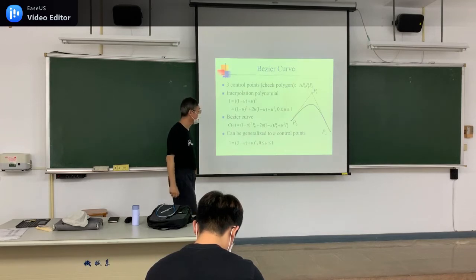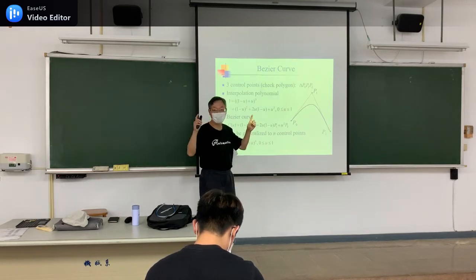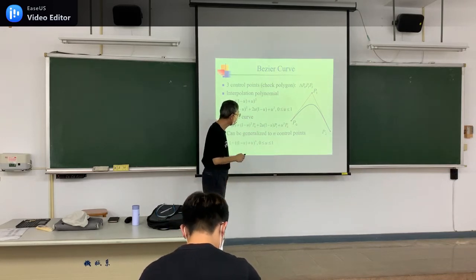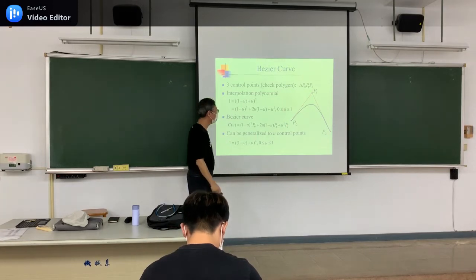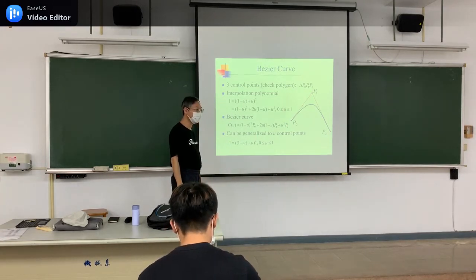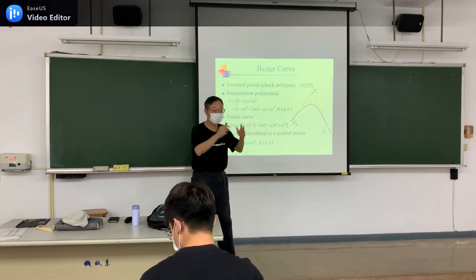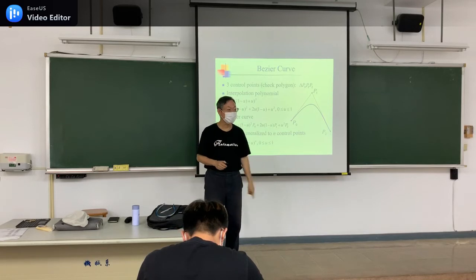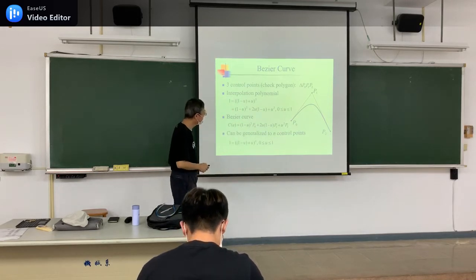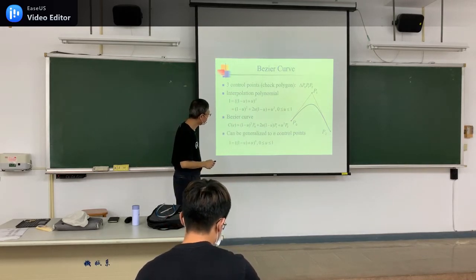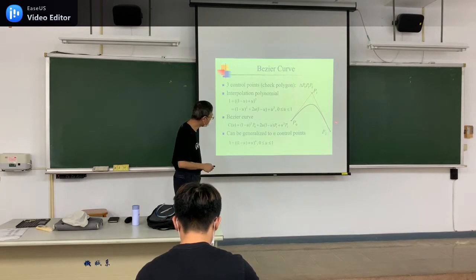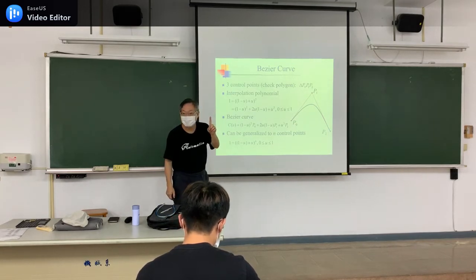Okay. So he used the idea of weighting for each control point. So weighting meaning that the summation of weighting should be 1, right? Summation of weighting should be 1. So we put some weighting here, some weighting here, some weighting here. The summation of this weighting plus this weighting plus this weighting is 1.